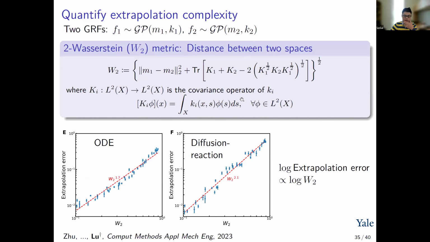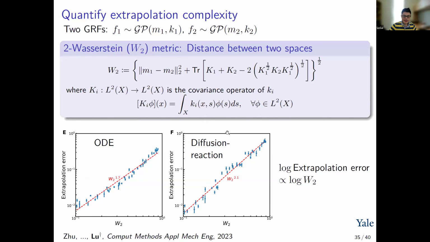We show this W2 distance can be used to quantify the complexity of extrapolation, for example for the ODE example and the diffusion equation example. In experiments, we observe a strong correlation between the extrapolation error and the W2 distance in the log space.